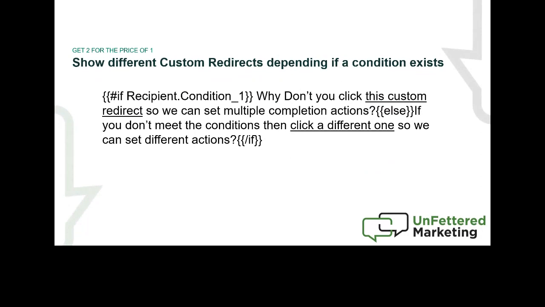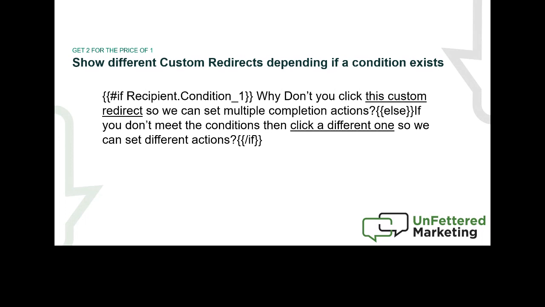You can simply put in 2 different links that ask 2 questions and invite people to click on one or the other, and use the completion action on the custom redirect to set something on the basis of what that click was. You could add them to a list, you could tag them, you could cause something else to happen. So I love using custom redirects as a way to build some logic into an email without forcing people to go somewhere and fill out another form.